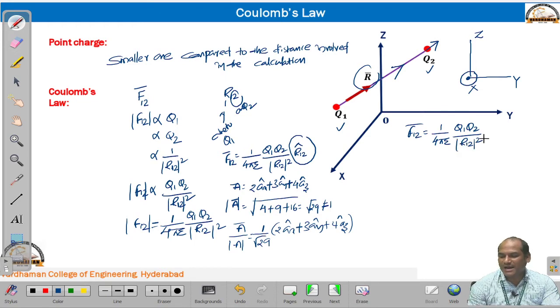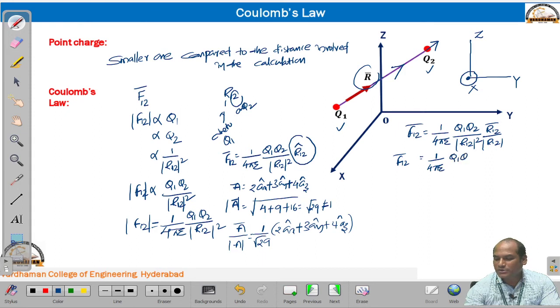Next, this r12 cap we can write as the normal vector r12 bar by magnitude of r12. Now, in the denominator if you observe, r12 cube is available. So, we can rewrite this as F12 bar is equal to 1 by 4 pi epsilon q1 q2 r12 bar by magnitude of r12 cube. So, like this also we can write the force equation.